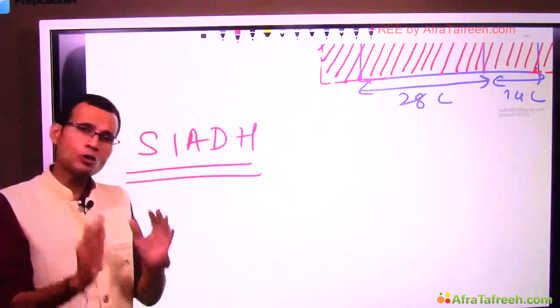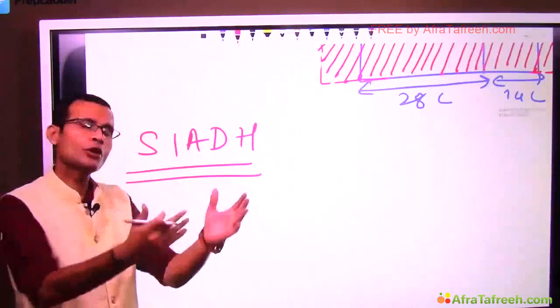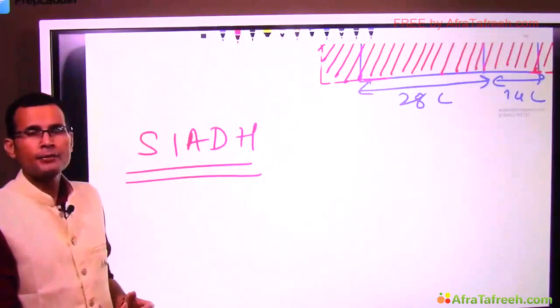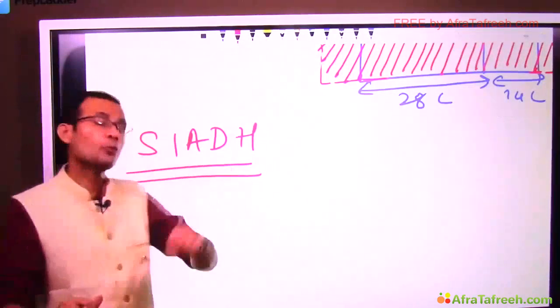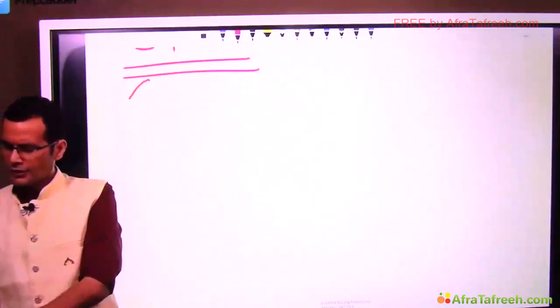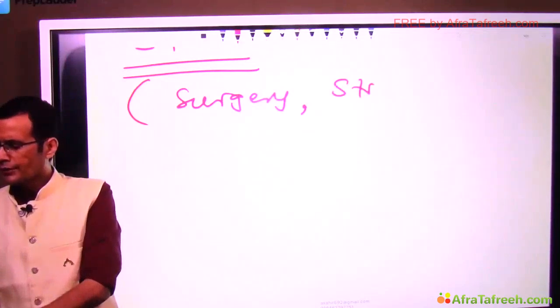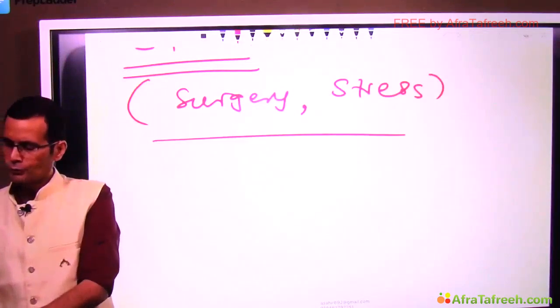ECF tonicity was normal. There was no need for ADH secretion, yet it is still getting secreted. That will be inappropriate ADH secretion. So this happens in various conditions like surgery, stress, anxiety, fear, and so on.